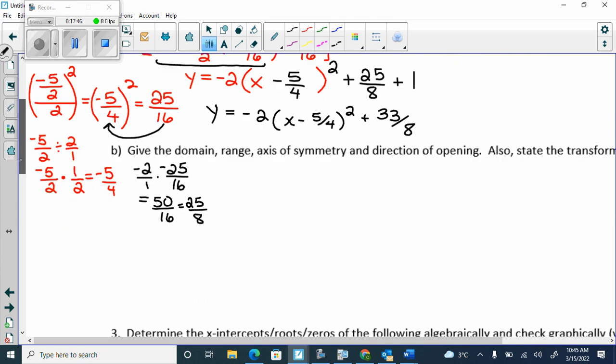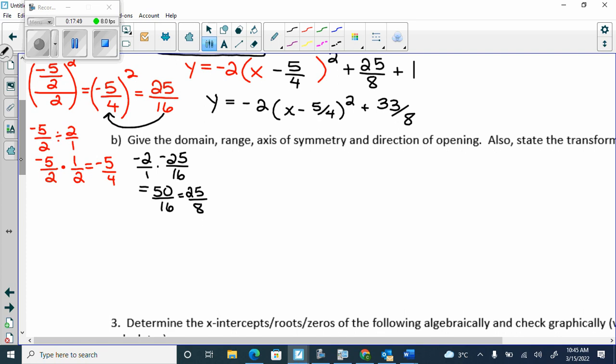So, we need to give the domain. What's the domain of every single quadratic? Yeah. x is an element of the real numbers. Because it's either going concave up for life or concave down for life. Is this one concave up for life or concave down for life? It's down because there's a negative 2, correct? Leading coefficient's negative. Okay, what's my range?